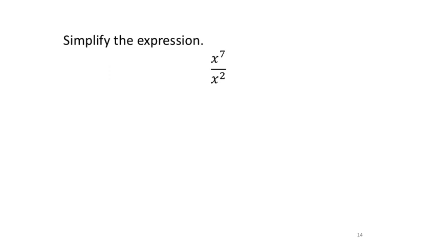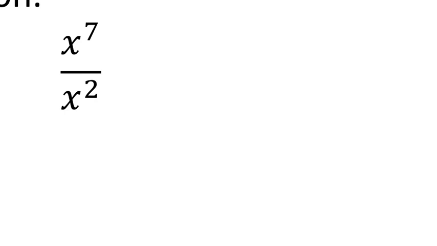All right, so this one, we got some letters for our bases. Try this one out, 15 seconds, and we'll go over it together. All right, so for this one, bases do match, they're x's. So I'm going to keep my base x.